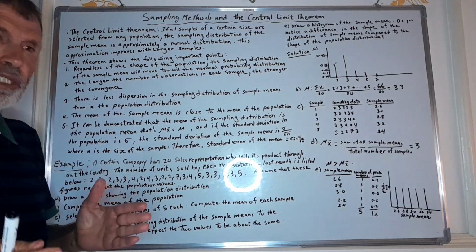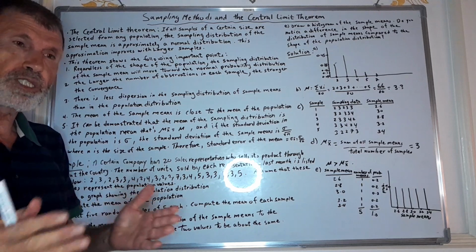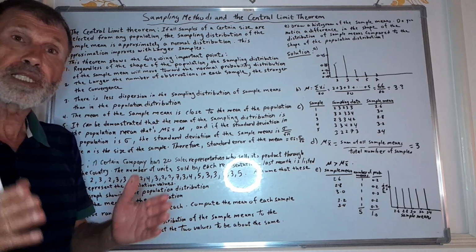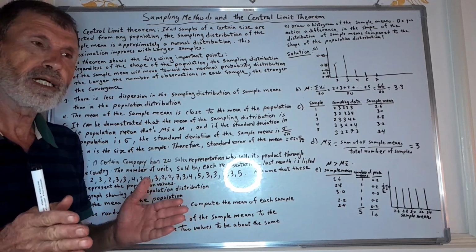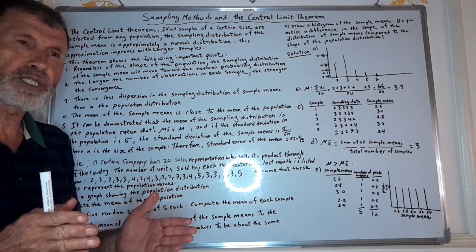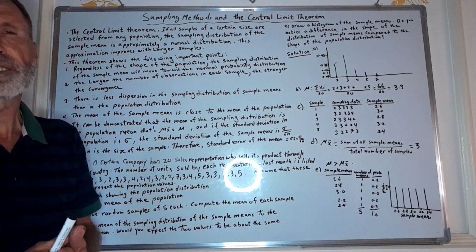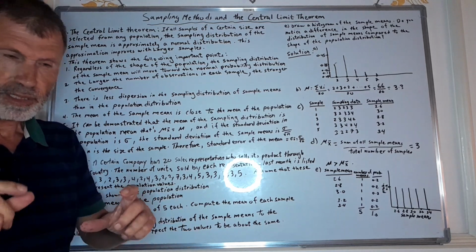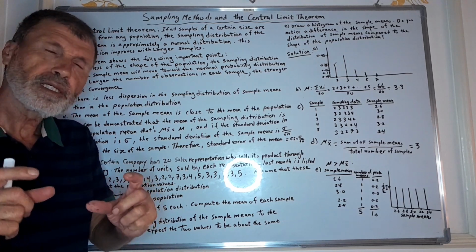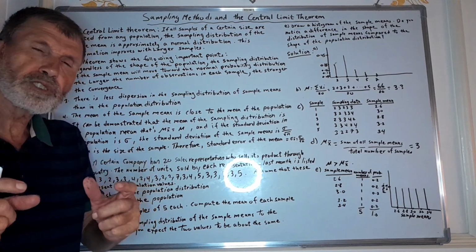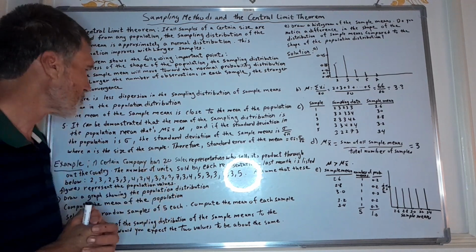That is, the spread in the population is larger than the spread in the sample means. The dispersion in the sampling distribution is lower than the dispersion in the population.